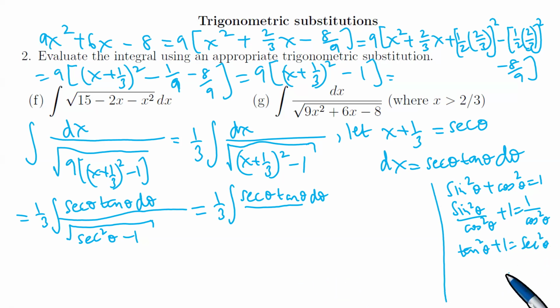Yeah? So that sec squared minus 1 is tan squared. The square root of tan squared is tan theta. This gives us 1/3 the integral. The tan cancels, giving us 1/3 of secant of theta d theta like this.